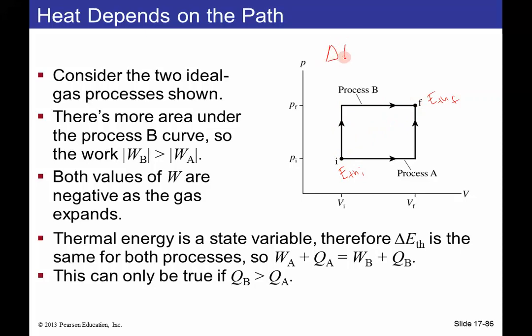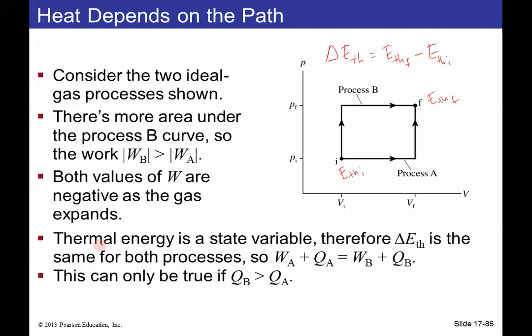So delta E thermal, which is equal to E thermal final minus E thermal initial, is the same for both processes. However, the work done on this process is different from the work on the other. There's more work done on process B than on process A, right? Both values of work are negative because the gas is expanding, so you're losing energy as you do this.